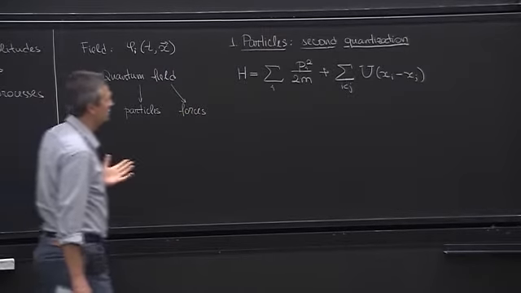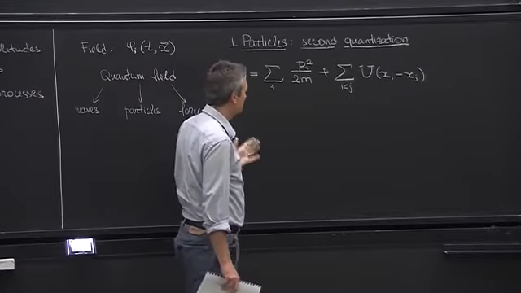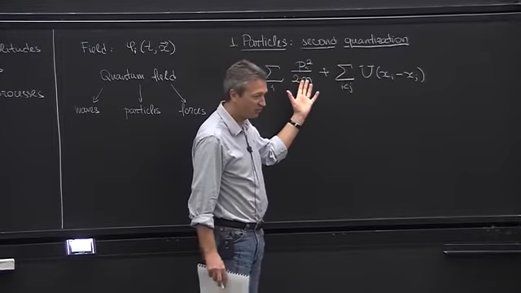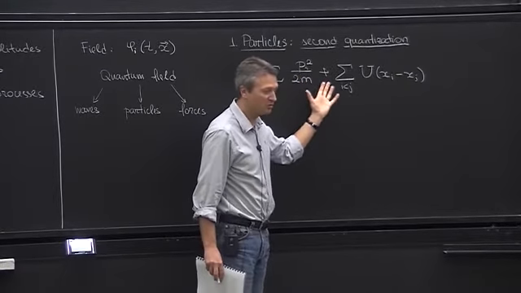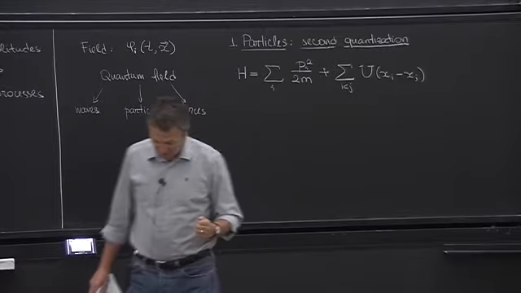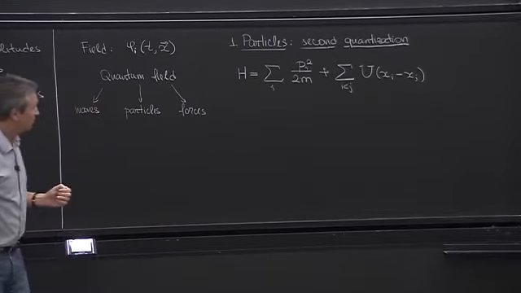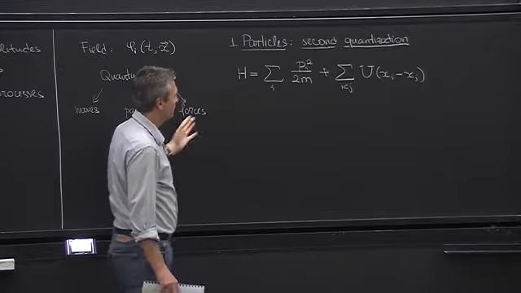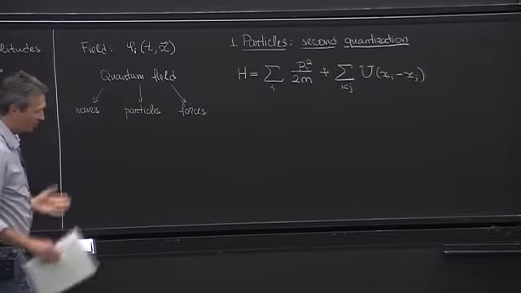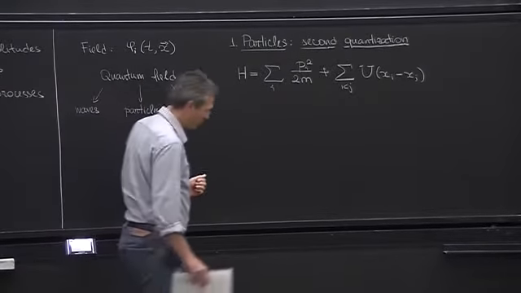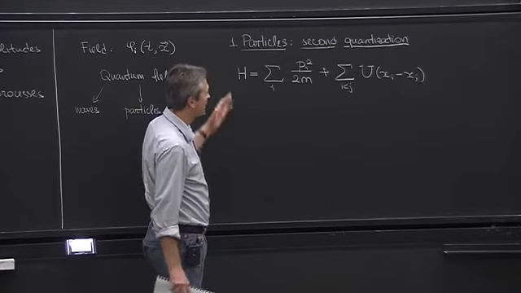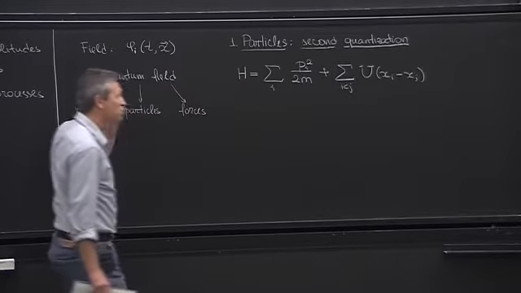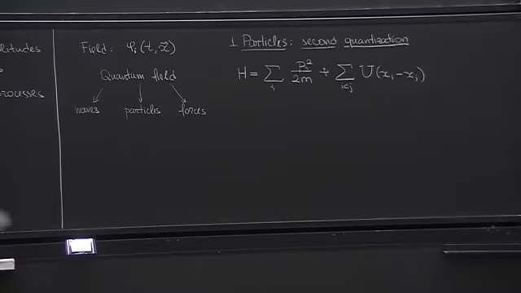Like if you want to describe electrons in a piece of metal, this is a first model to start. And then the usual rules of quantum mechanics based on the Schrödinger equation are not adequate. One should devise something else, and the method to use is known as second quantization.